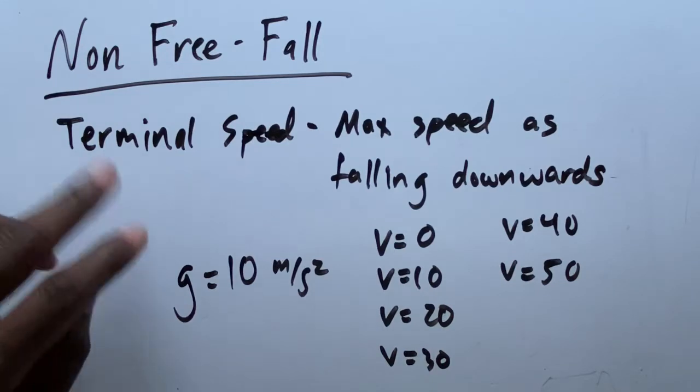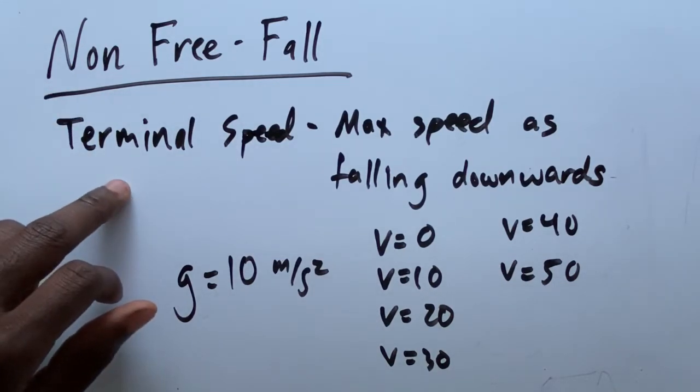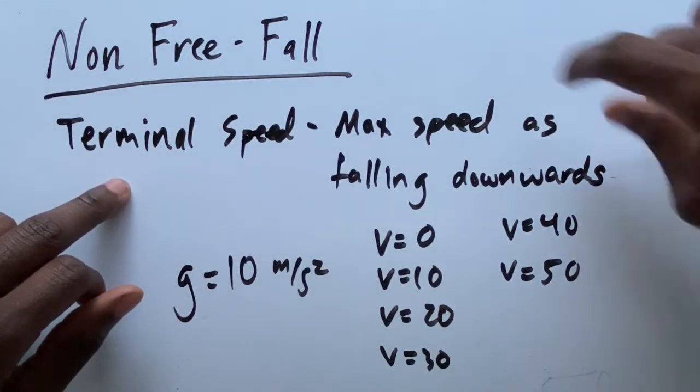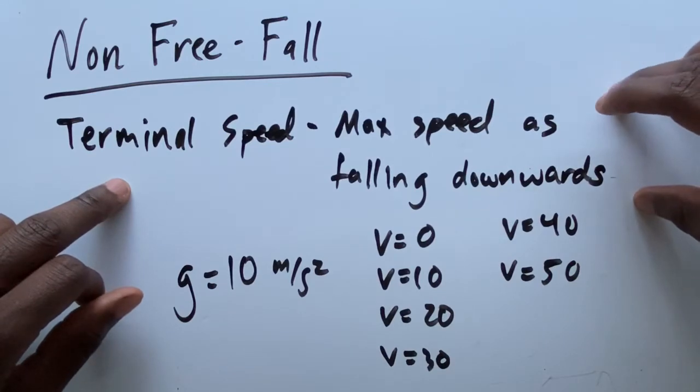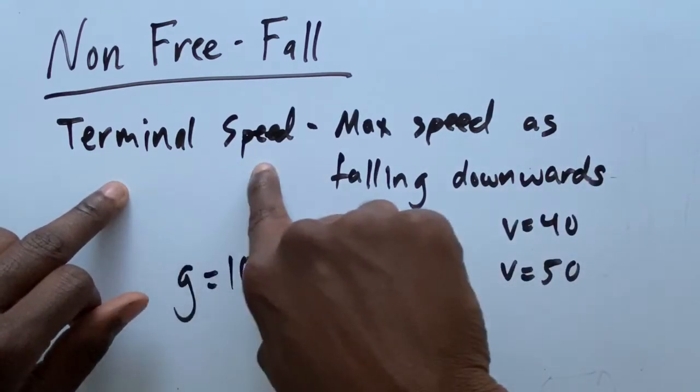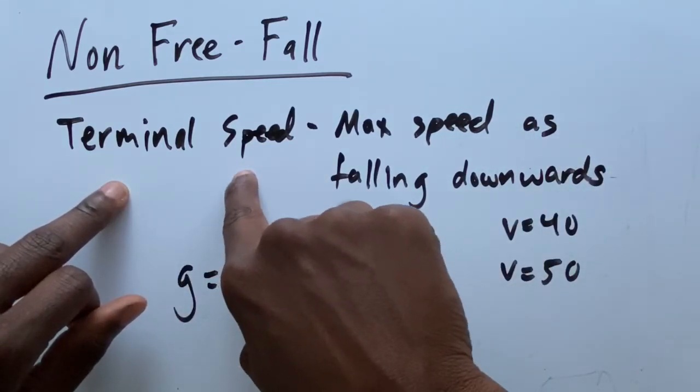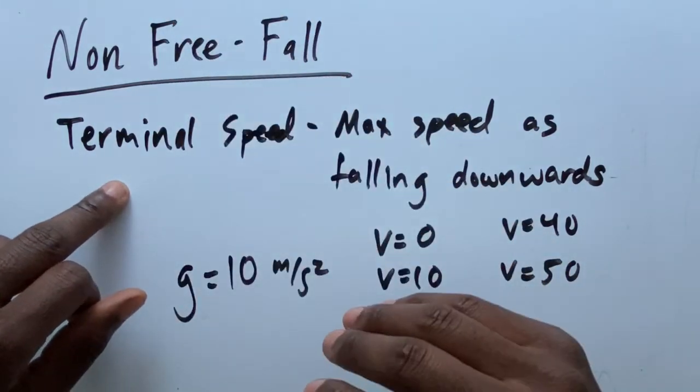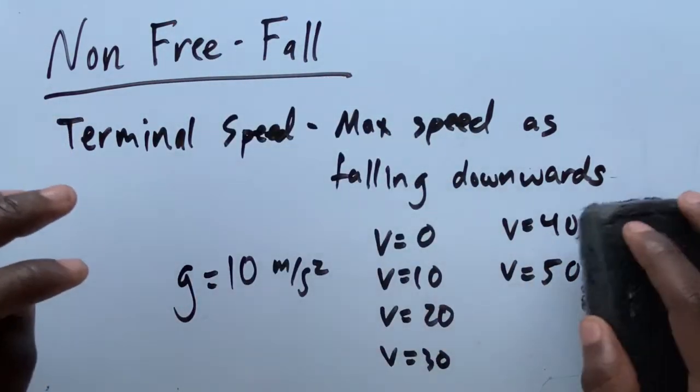So now let's go back to this terminal speed situation. Basically, in a non-free fall scenario, you always reach some terminal speed, which is basically the maximum speed that you reach as you're falling down.